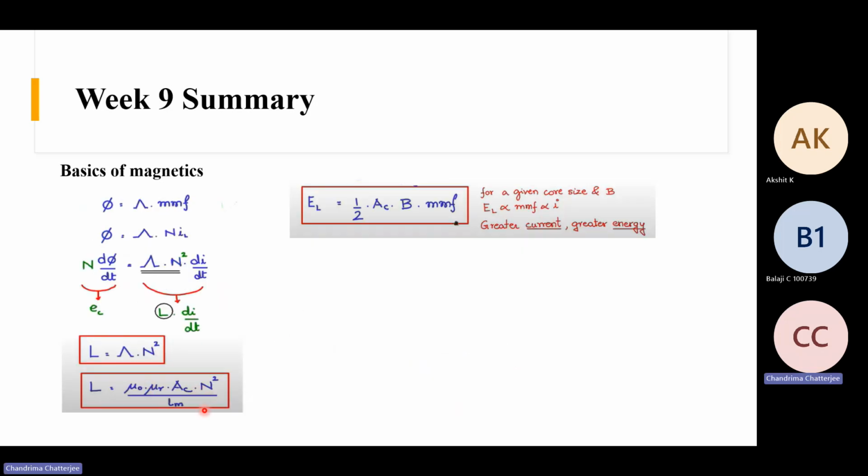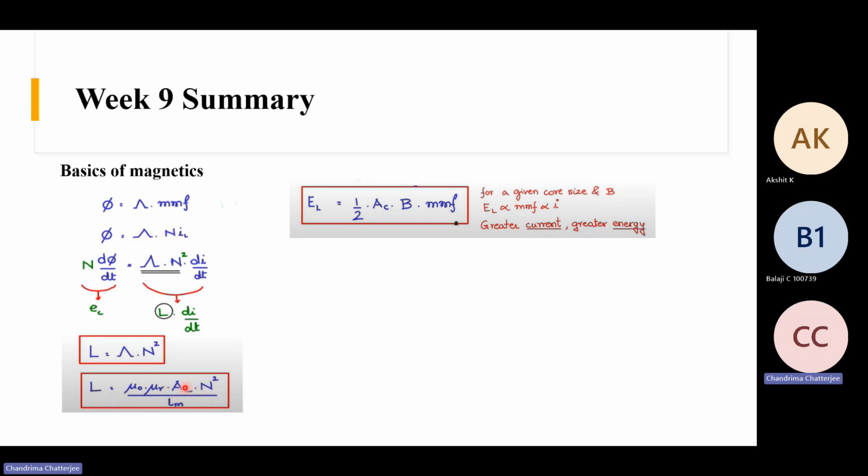Now if you see, we have expressed the inductance in terms of the dimensions of the core, right? We can get all this information from the core data sheet. Mu zero you already know, mu r you will get from the data sheet.